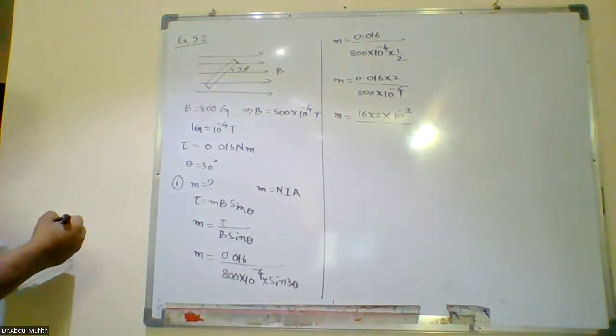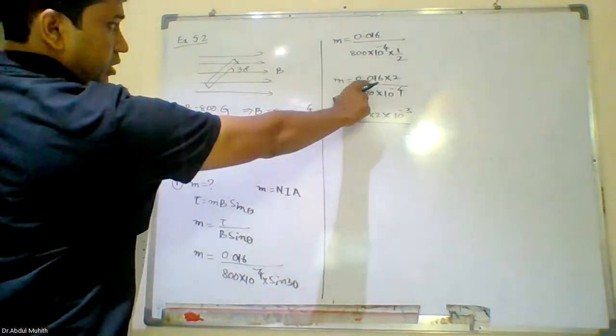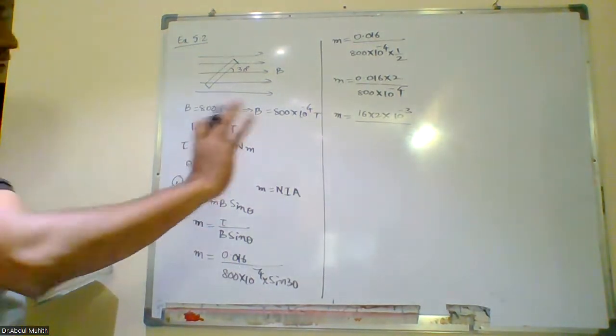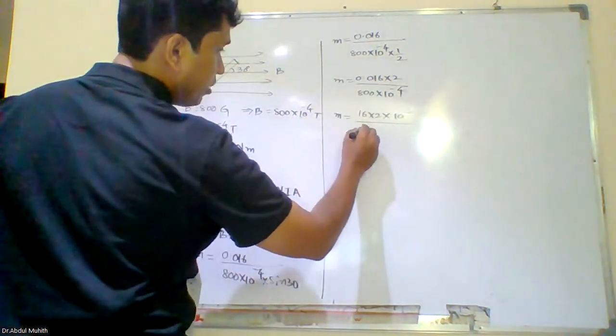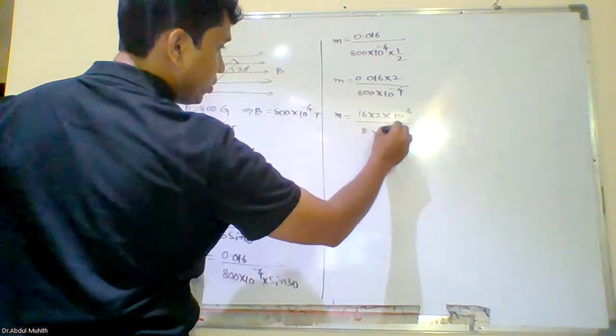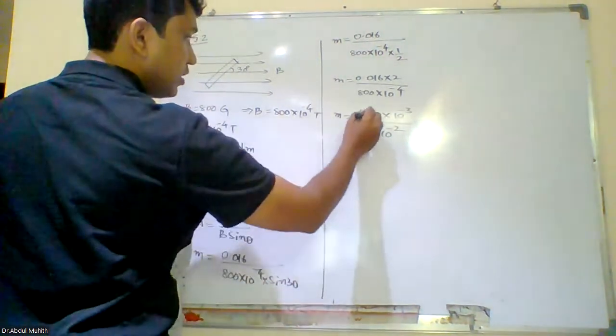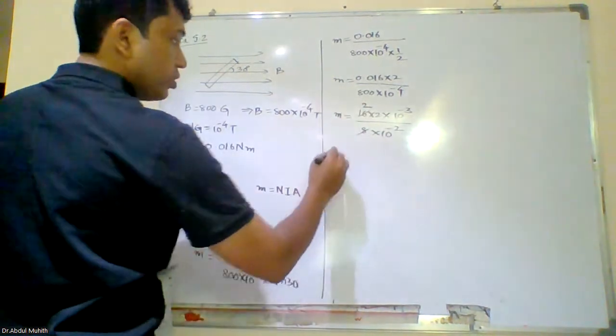Can we write like that? I'm writing 16, 1, 2, 3, no? 10 power -3. Okay, shifting that. And here, 800 into 10 to the power of -2. Can I write like this? 2 zeros I'm removing. So 8 ones, 8 twos. Okay, got it?